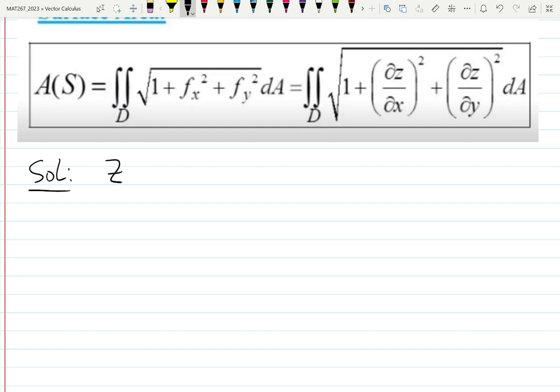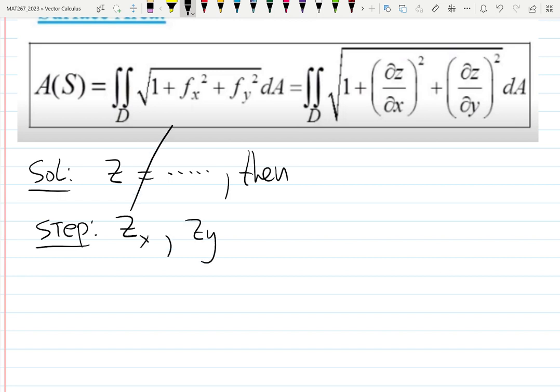If I have z equals blah, blah, blah, then step 1 will be find derivative of that z with respect to x, find derivative of z with respect to y, because that's what is in the formula, f and z is the same thing in this case. So z is a function of x comma y. 2 inputs, 2-dimensional inputs and 3-dimensional output, right?